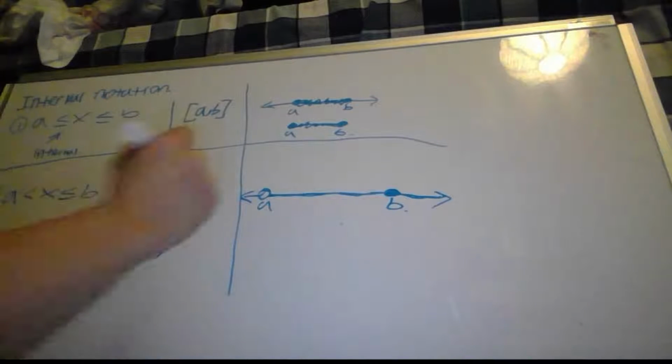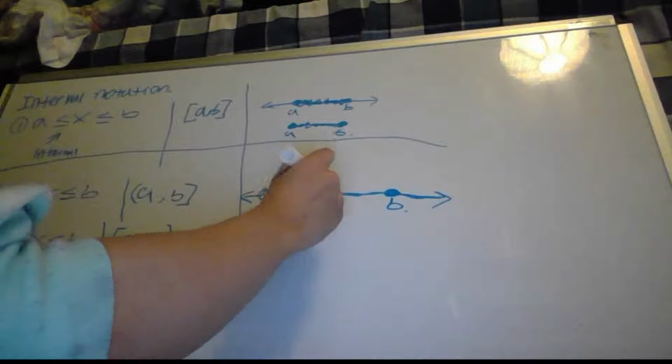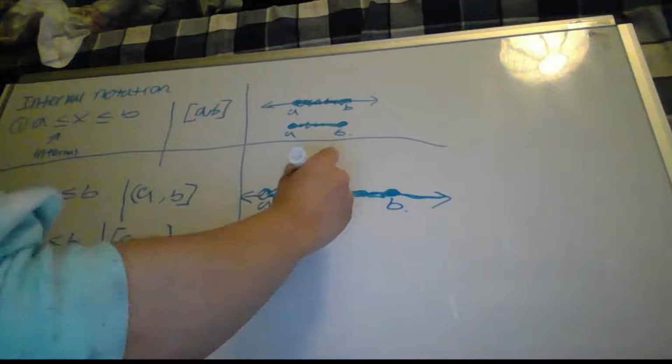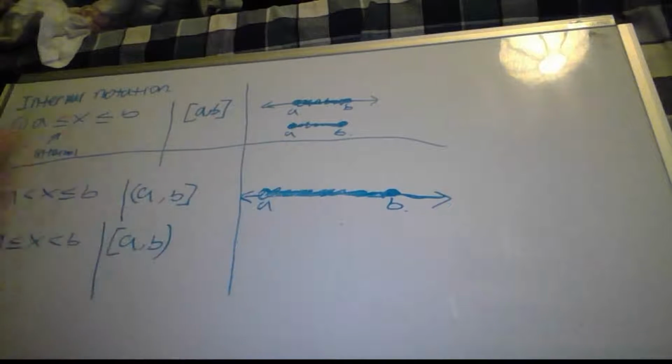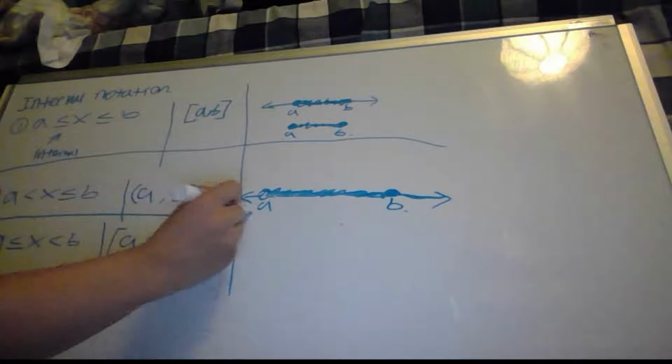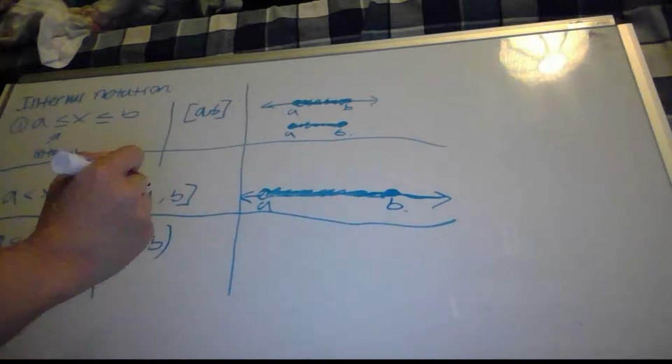From A to B, this is the part that would be shaded in, right? That's how it would be for A to B, with a parentheses and then with a bracket.